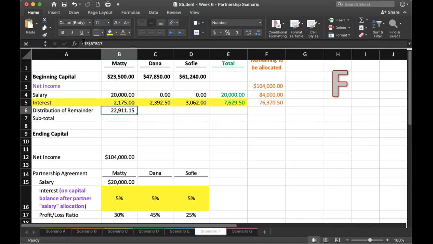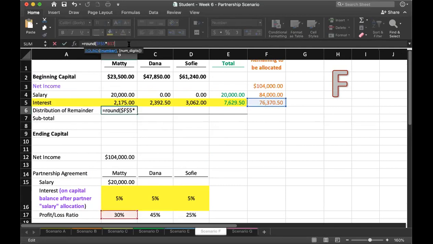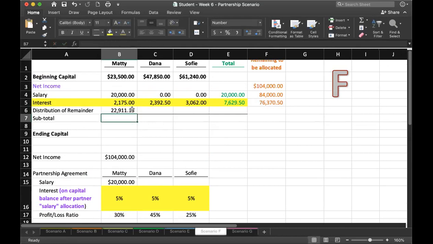And I also want to put in a rounding function so it will round to 2 decimal places. Okay, and then I can just drag that across.